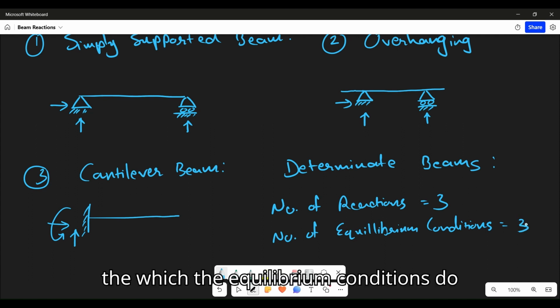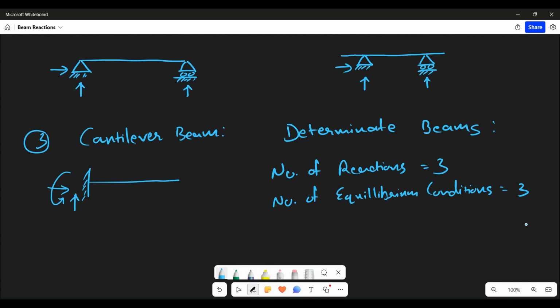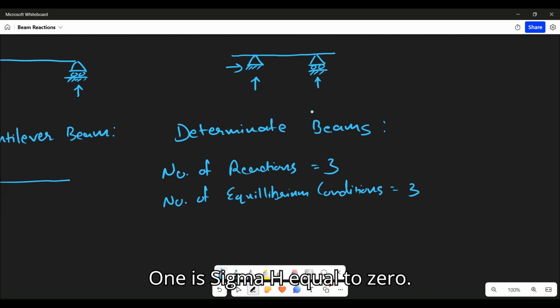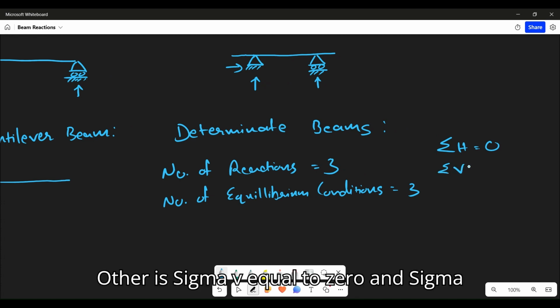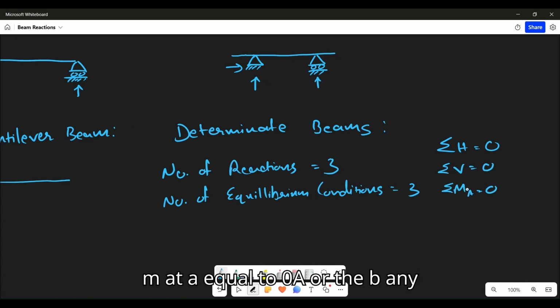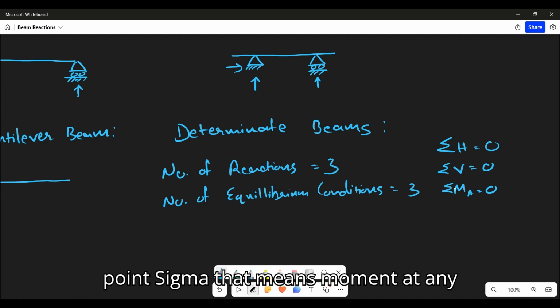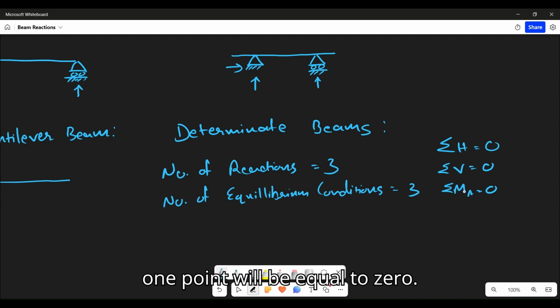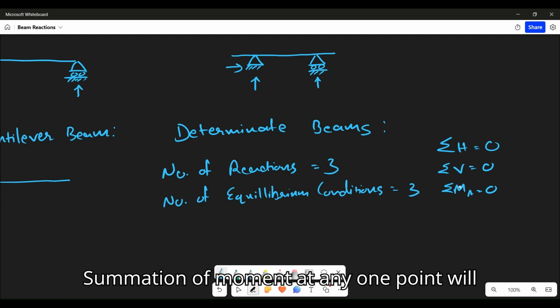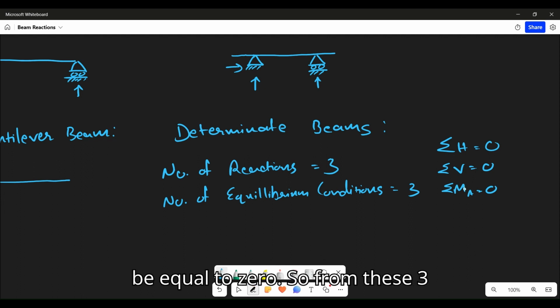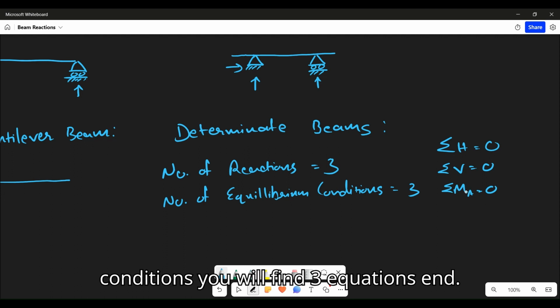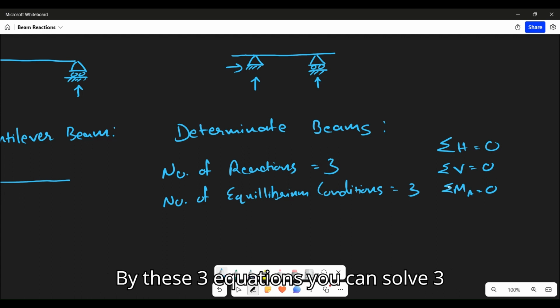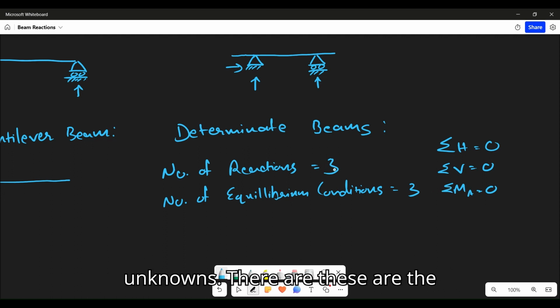Which equilibrium conditions do we have? One is sigma H equal to 0, another is sigma V equal to 0, and sigma M at A equal to 0, A or B any point. That means the summation of moments at any one point will be equal to 0. So from these three conditions, you will find three equations, and by these three equations, you can solve three unknowns.